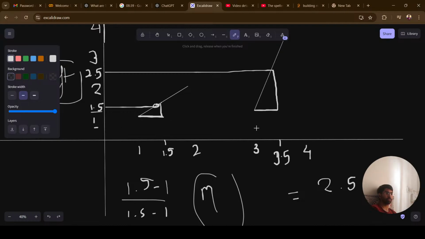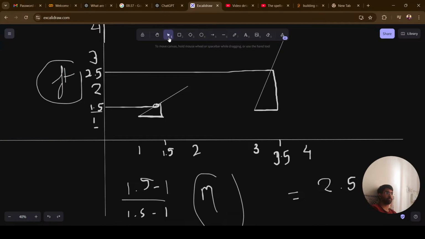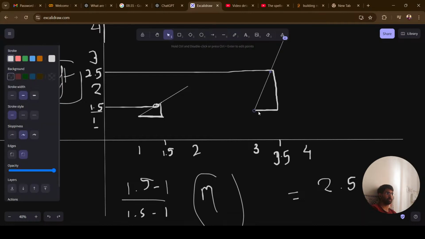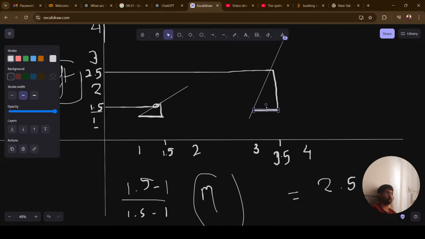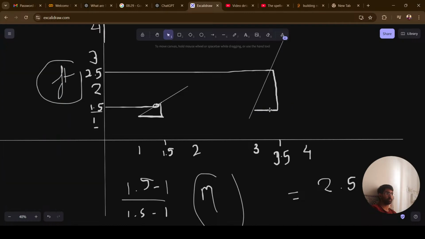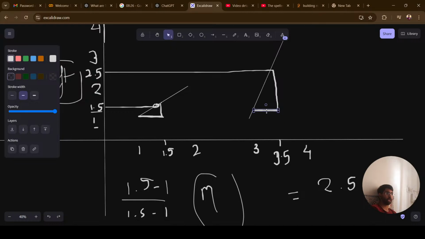It's kind of hard to represent all of this, but let me just put it this way, similar to this height.